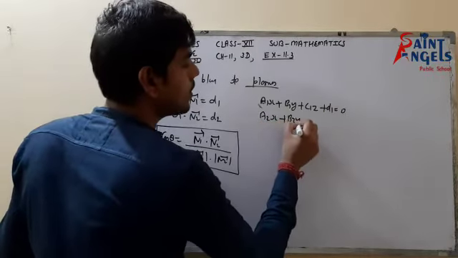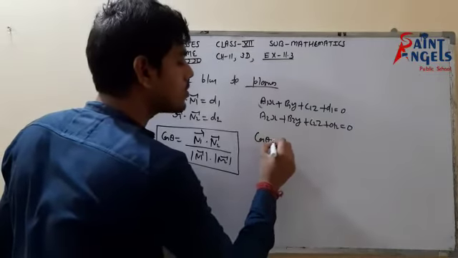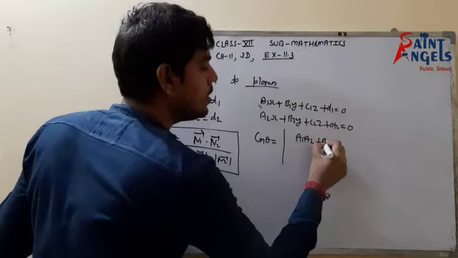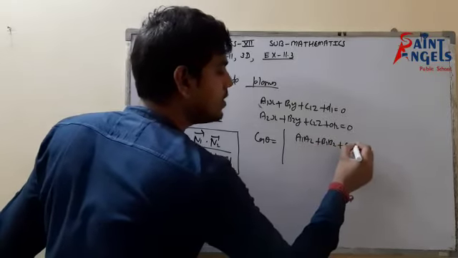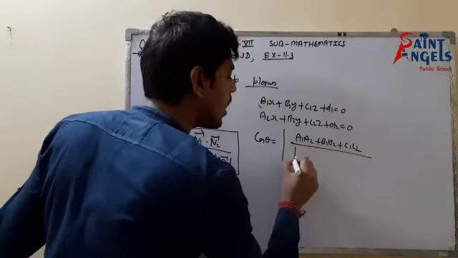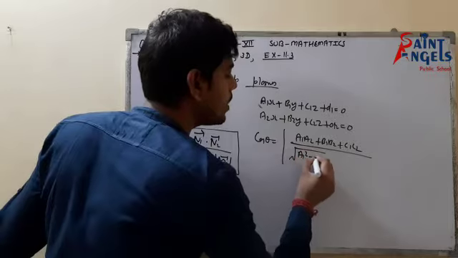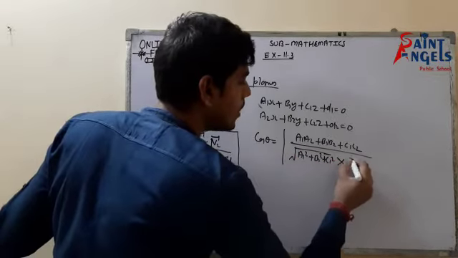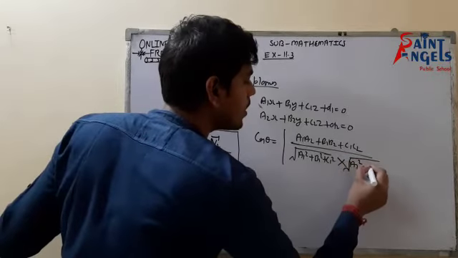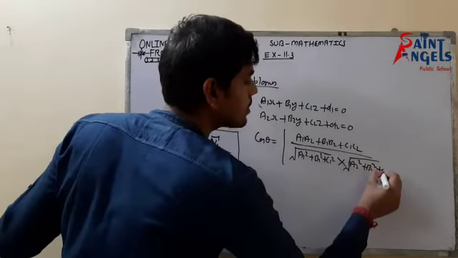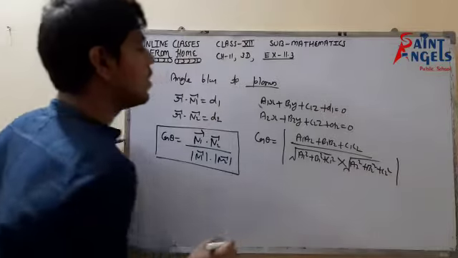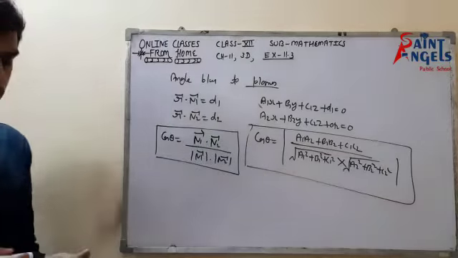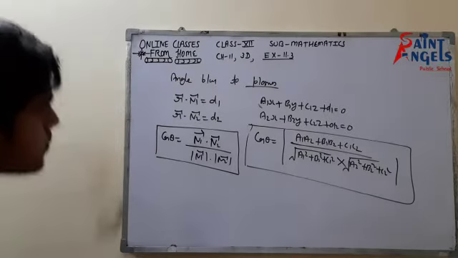Then the angle between these two planes is cos theta equals (a1 a2 plus b1 b2 plus c1 c2) upon under root (a1 square plus b1 square plus c1 square) multiplied by (a2 square plus b2 square plus c2 square). Okay students, this is the formula when the equations of the planes are given in Cartesian form. Please pause the video and note it down.